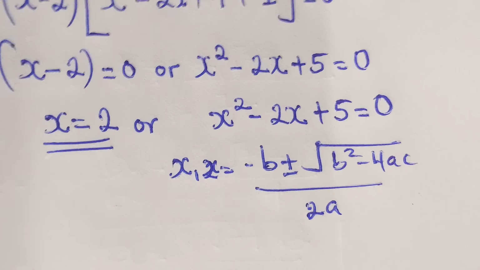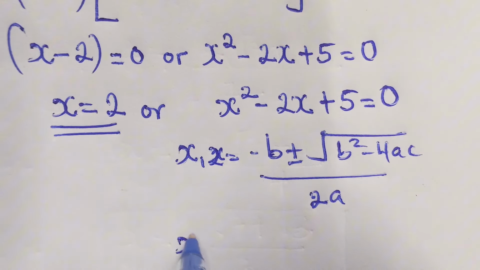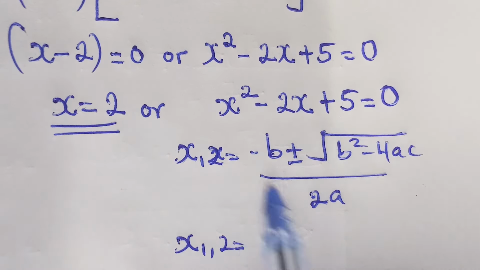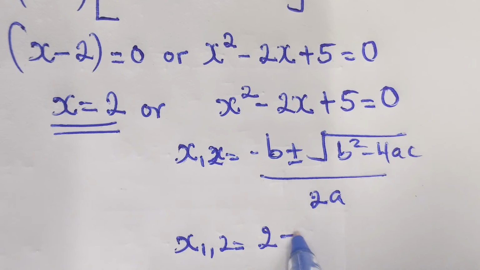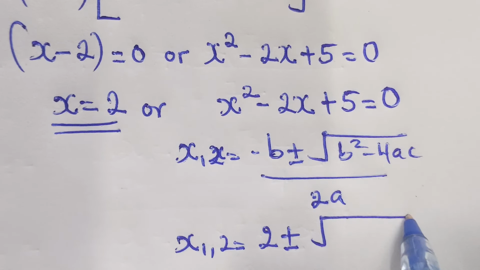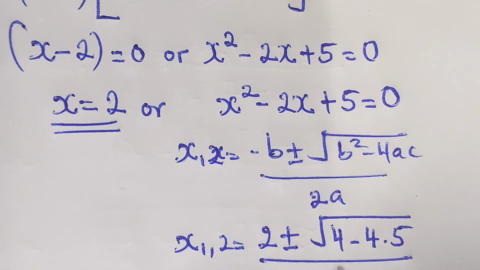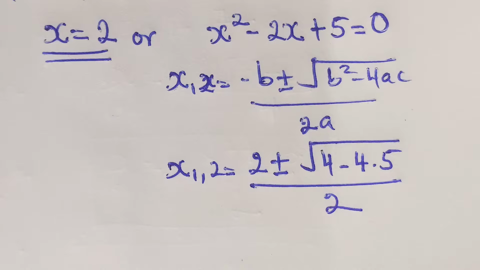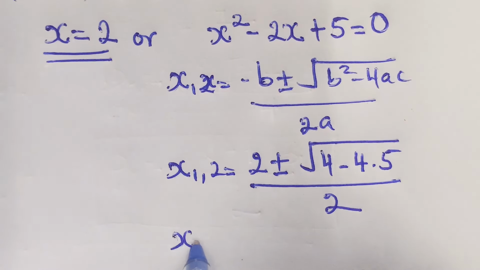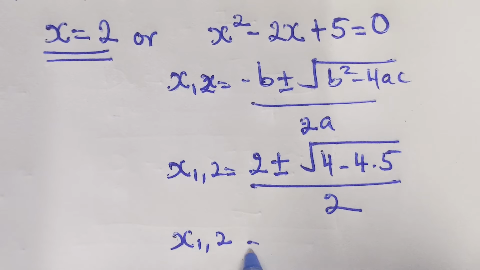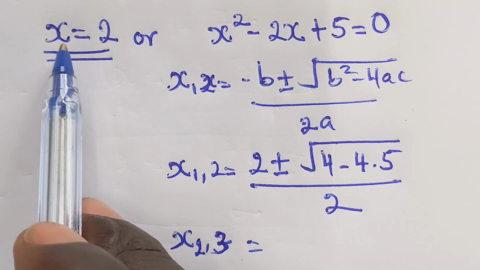Then what you have: x equals negative b, which is 2, plus or minus the square root of b squared, which is 4, minus 4 times 1 times 5, over 2.